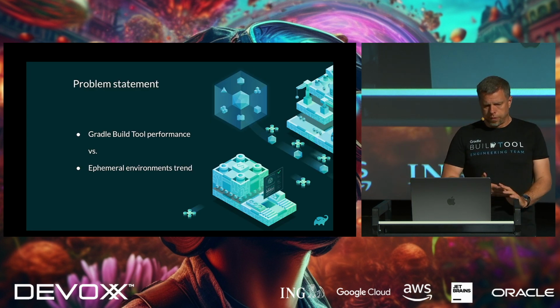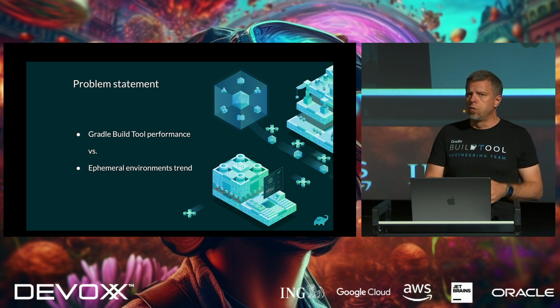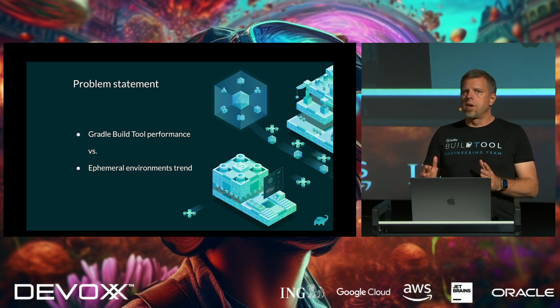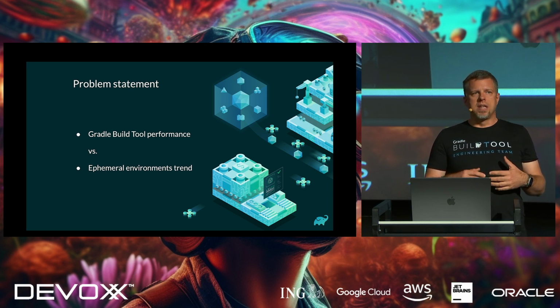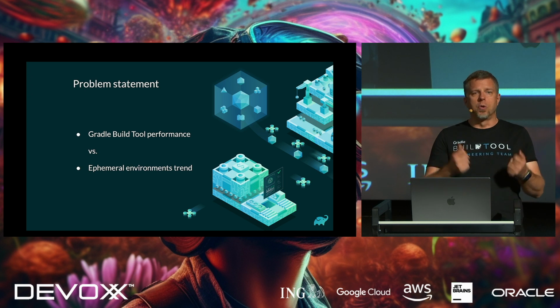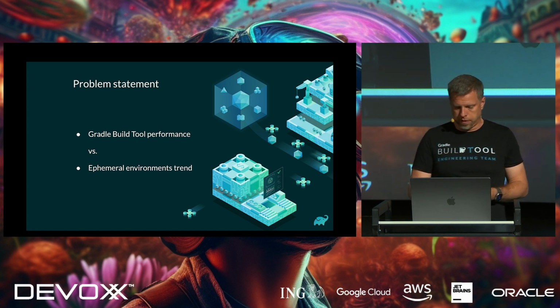So the problem statement. On one hand side, I'm putting the performance of the build tool, so the execution of a build, how fast can it be? And the other one is this trend of using ephemeral environments, which means environments with some specific characteristics that, if you don't pay attention, will have dire consequences on that performance aspect.